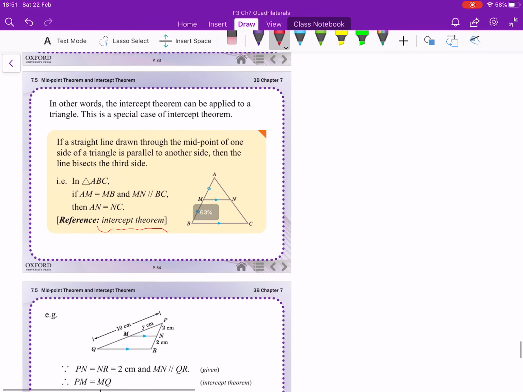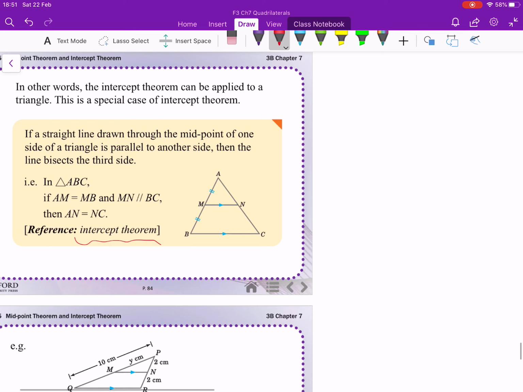Just imagine another line passing through A, parallel to these two. Then we have 3 parallel lines and 2 transversals passing through them, but the 2 transversals and one of the parallel lines meet at A, so they just form a triangle.